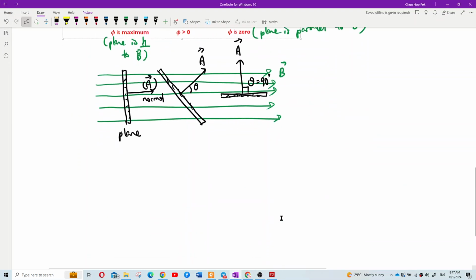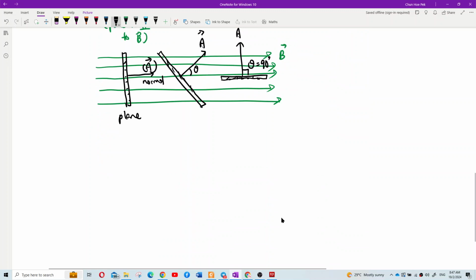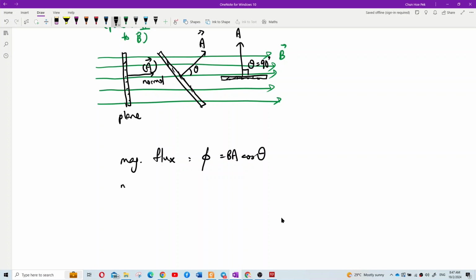Magnetic flux linkage. So you have magnetic flux, just phi, which is BA cos theta. If you have multiple turns, then for magnetic flux linkage it is capital phi. We put it as capital phi and phi. If multiplied by n, it becomes NBA cos theta.